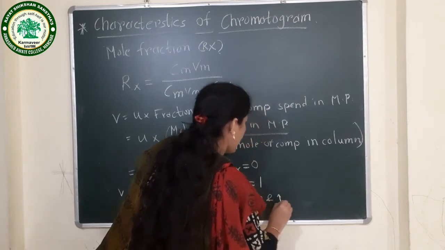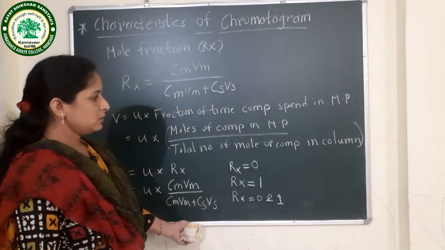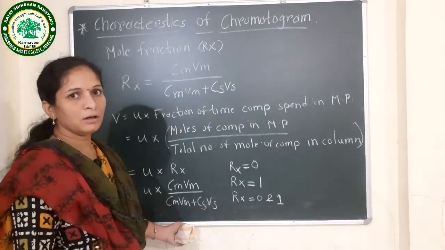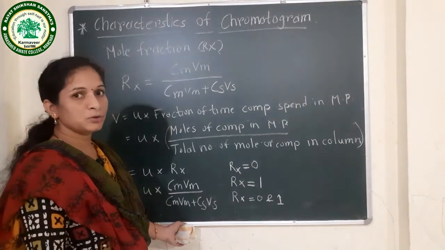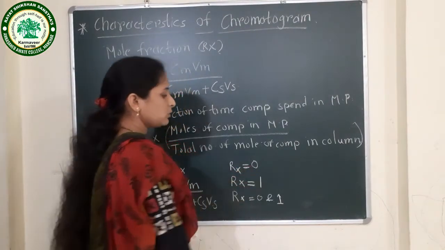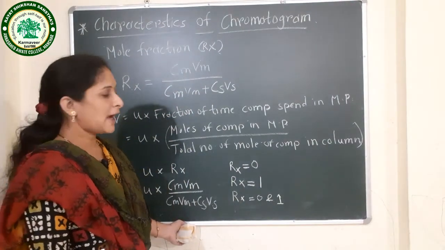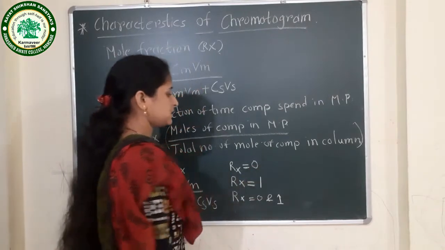The Rx should have the value between 0 and 1, so that the separation of the component will take place, the distribution will take place. If Rx is 0, the component will get strongly adsorbed over the stationary phase, that's why no separation will take place.